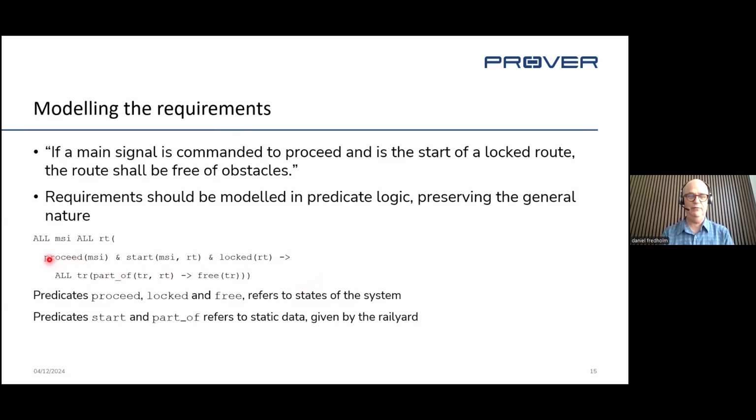Sometimes it will be commanded to proceed and sometimes not. Routes will sometimes be locked, sometimes not. Tracks will sometimes be free and sometimes not. Whereas start and part-of are static geometrical things, depending on the rail yard. Which signal is the start of which route? Which track is part of which route?